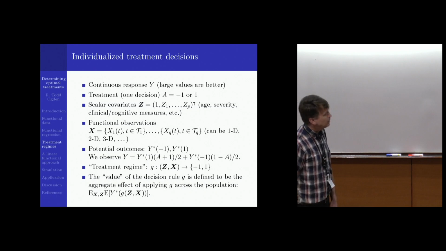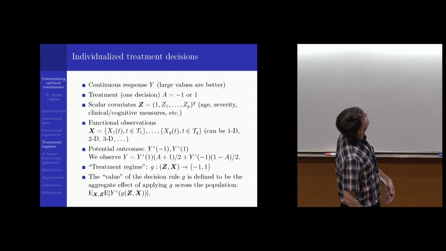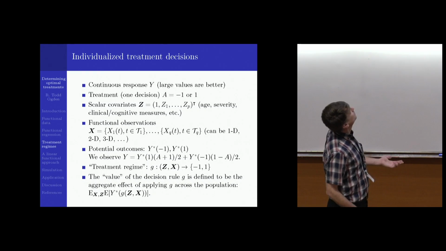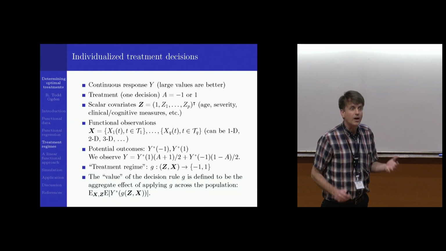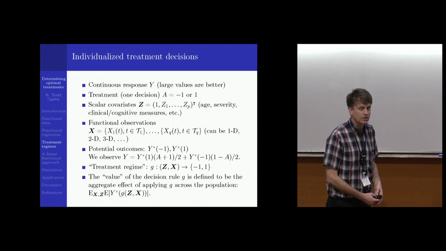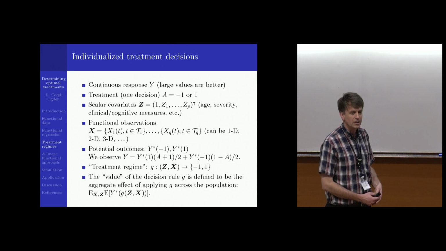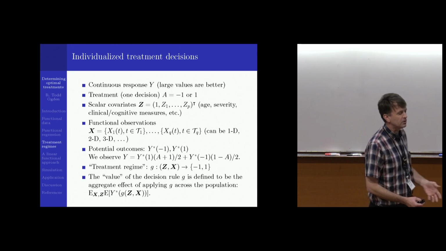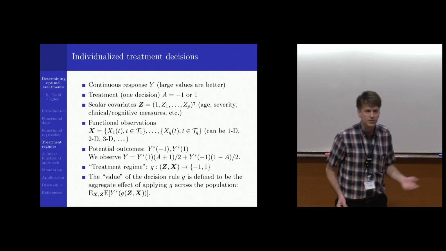regimes. Okay, so treatment A is either -1 or 1. What I've got as predictors is two types of variables. One is just scalars, which I'll call Z, there's P of those. And the other one is functional data. I might have more than one function.